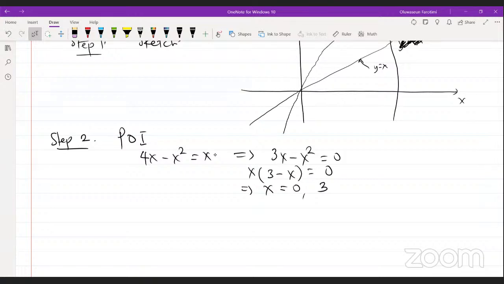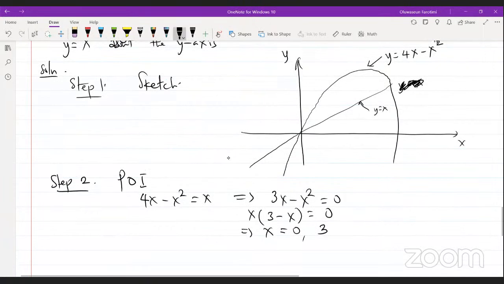Now the points of intersection: this one is 0, 0, but the other is going to be 3, 3. How do I know that? When x is 3, on the curve y equals x, y is 3.